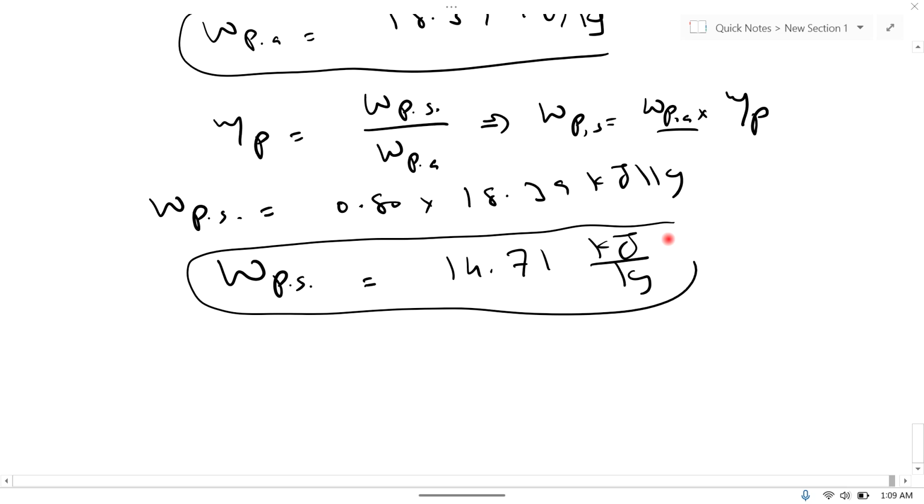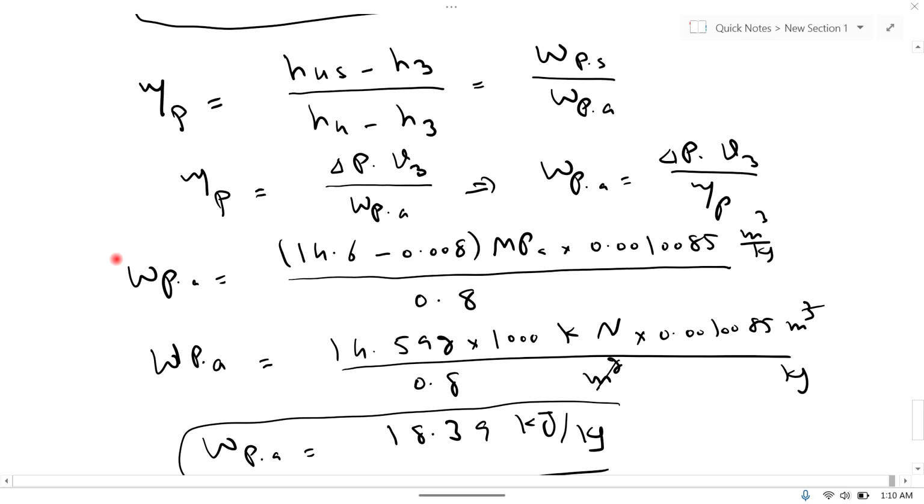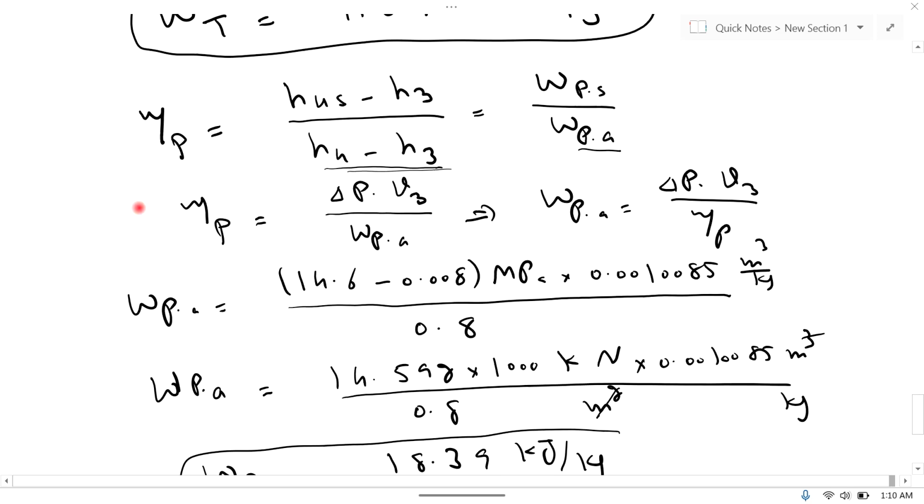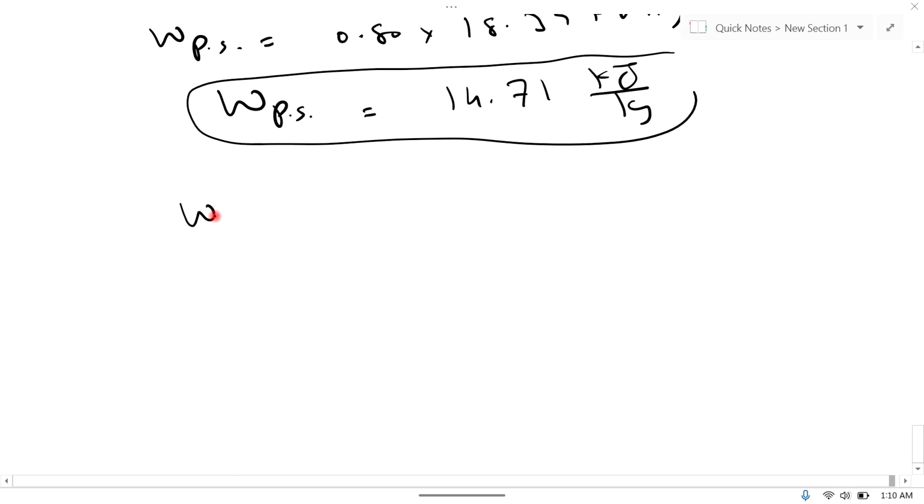Now we can find H4 with the help of this. From this formula, we know that the actual work of the pump is H4 minus H3. H3 is already found by us, and the work of the pump is already found by us. So we can easily find H4. So the actual work of the pump is equal to H4 minus H3, which means that H4 is equal to the actual work of the pump plus H3.